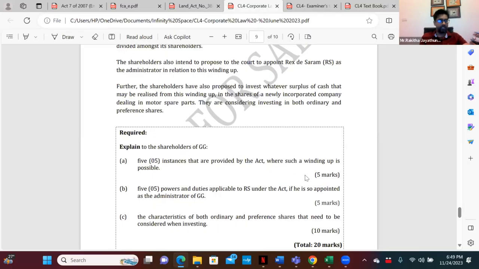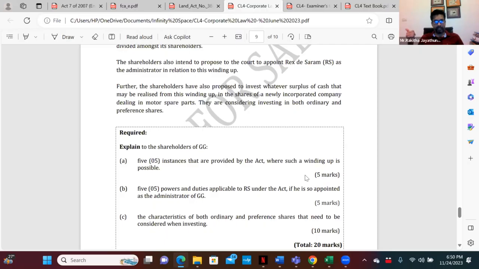Now, when we are reading the question, straight away, if you have studied properly, you should start thinking, okay, what are the modes or methods of winding up. So there are three types of winding up, isn't it? Winding up by court, voluntary winding up, that is voluntary winding up by shareholders, and voluntary winding up by creditors, twofold.